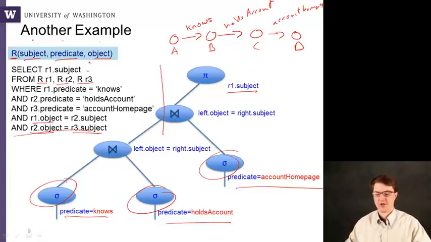Perhaps a kind of complicated example, but the takeaways are: I wanted to mention RDF because we might come across it again. I also want to demonstrate that you can access the same relation more than one time in a single query. And I wanted to give another example of translating even complicated queries into relational algebra expressions.